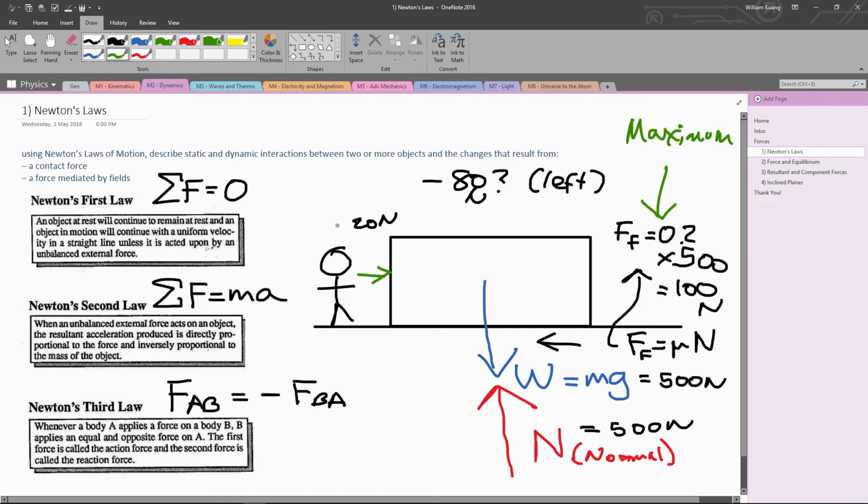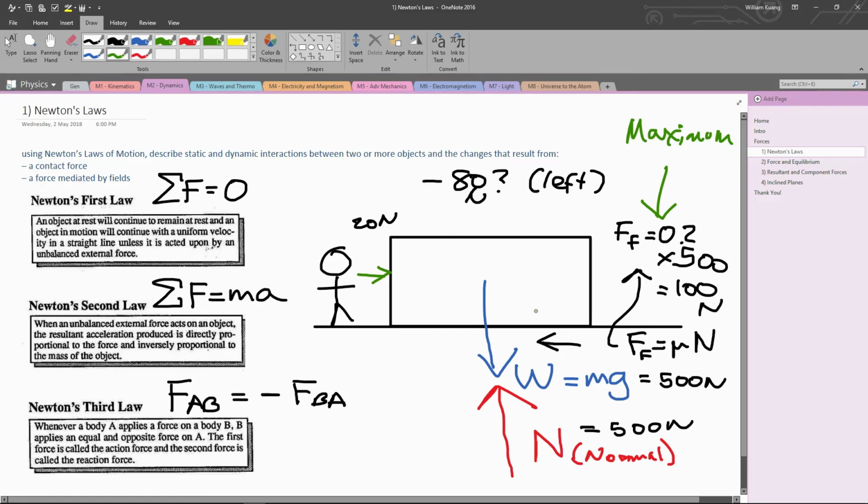So if you apply 20 newtons to the right and the object doesn't move, this means that the friction force only exerts 20 newtons to the left, thereby balancing out the forces, and thereby the object doesn't move. That's how it explains why heavy objects are very difficult to move, and it also explains why the friction force doesn't suddenly bump you back.